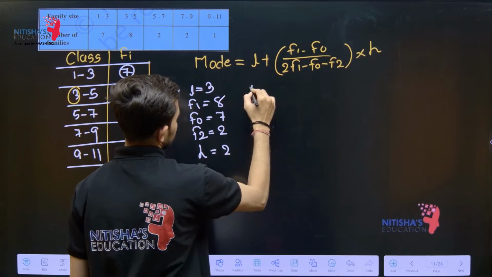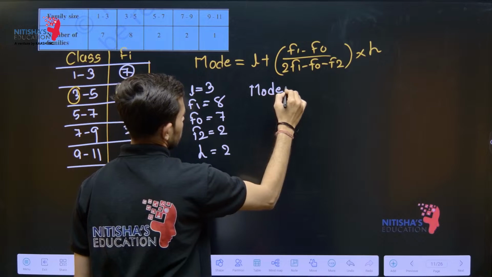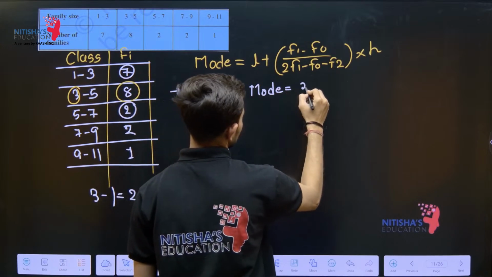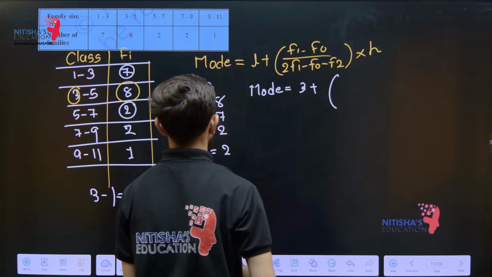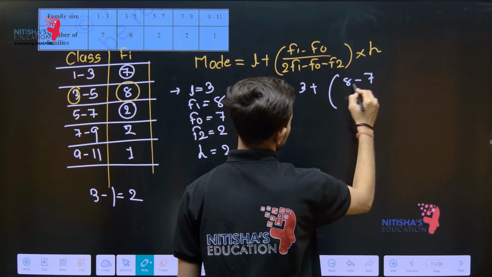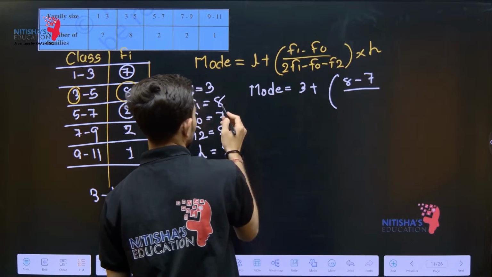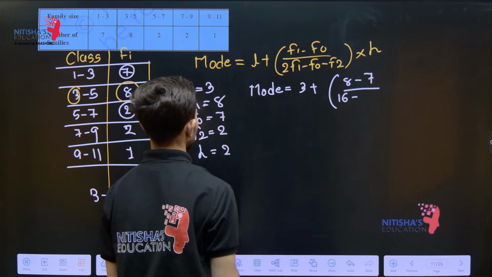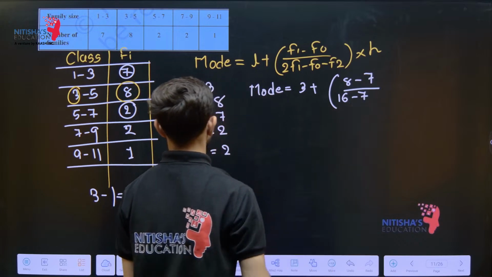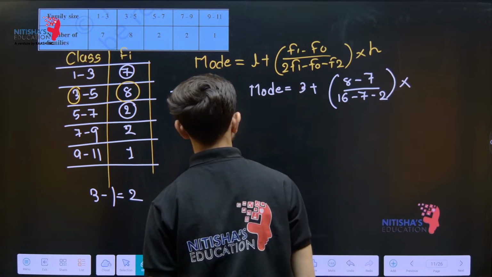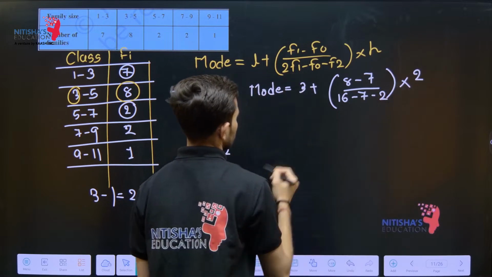Now let's find the mode. So mode is equal to L, which is 3, plus (F1, 8, minus F0, 7) divided by (2F1, which means 2 8s are 16, minus F0, 7, minus F2) into H, which is 2.